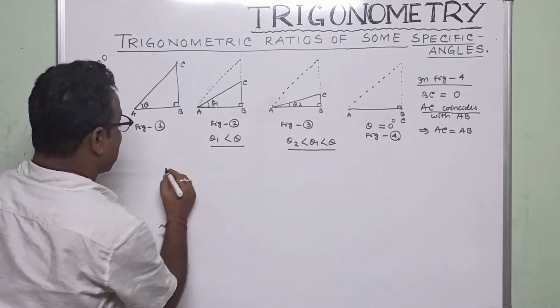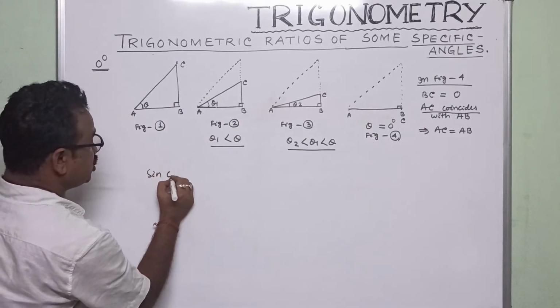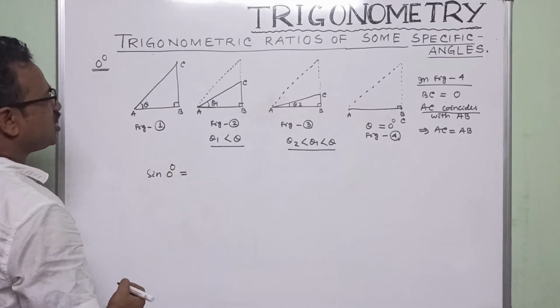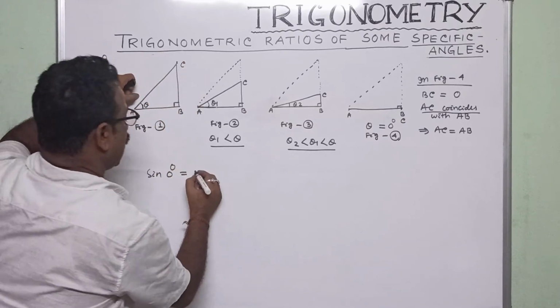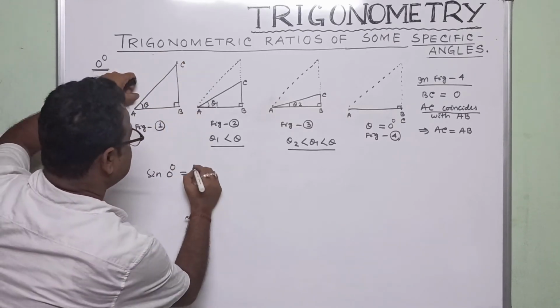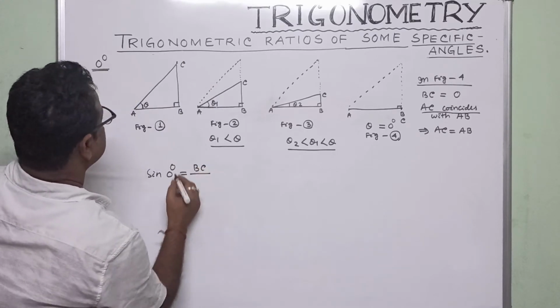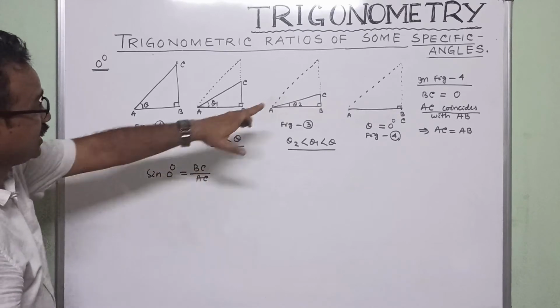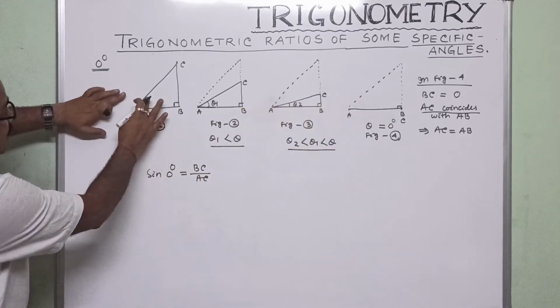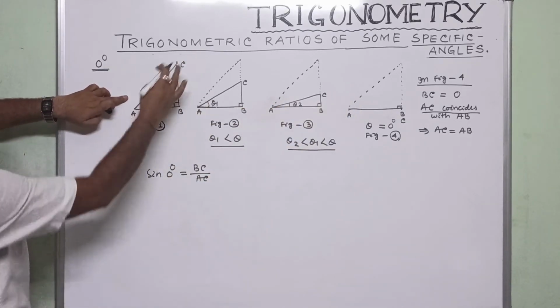Now sine 0 degree. We know sine theta is equal to BC by AC, hypotenuse.